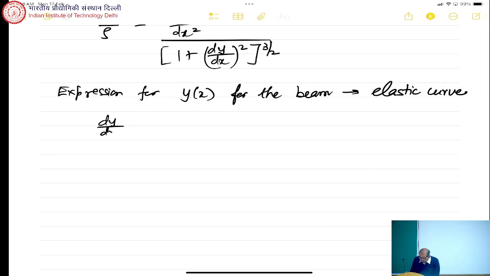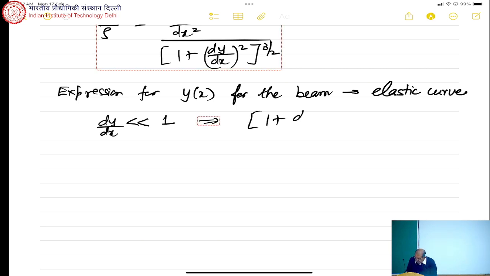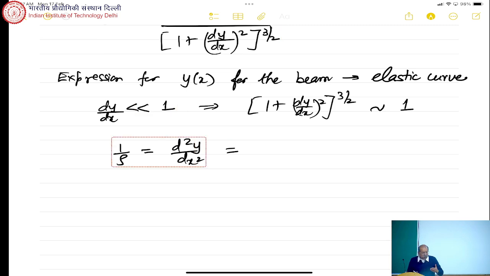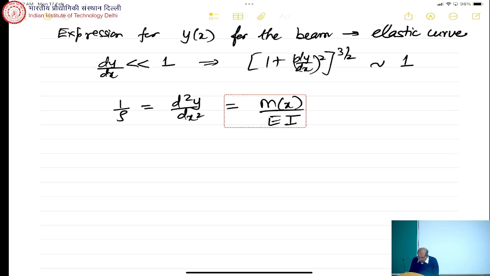Now, given the material properties of the beam, the deflections are such that dy by dx is very small, and so 1 over rho, which I already wrote, can therefore be written as the second derivative of y, and this we know is equal to M of x upon EI.